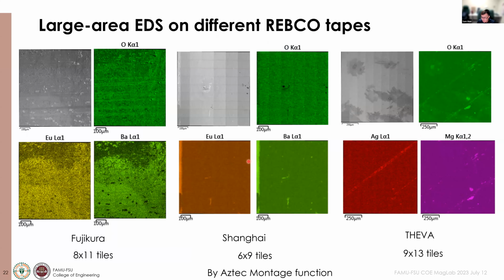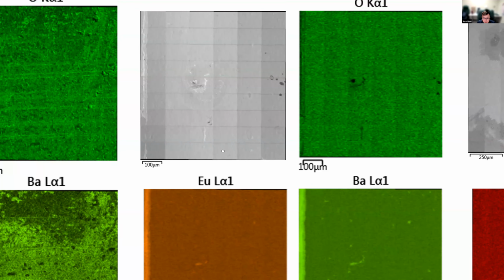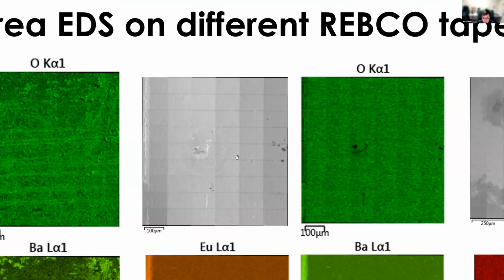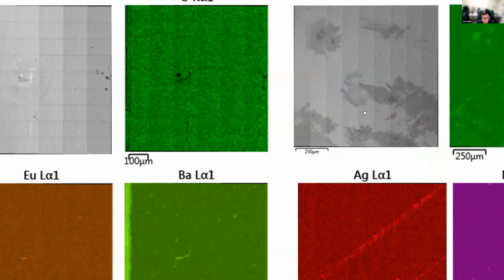I've been working with Dima on some of the replica tapes. So this is just sort of a montage. It's not ideal. You see sometimes you're getting these lines. But yeah, these are one of the challenging things.